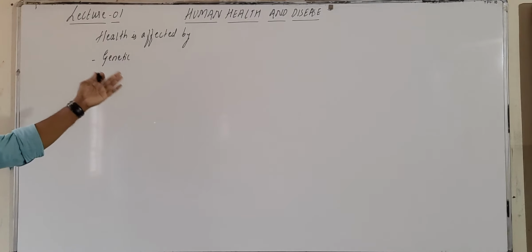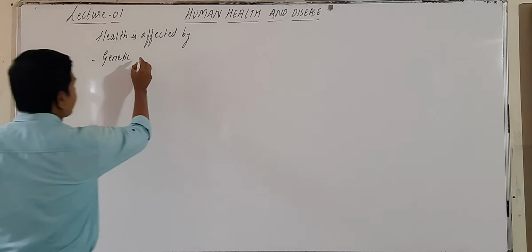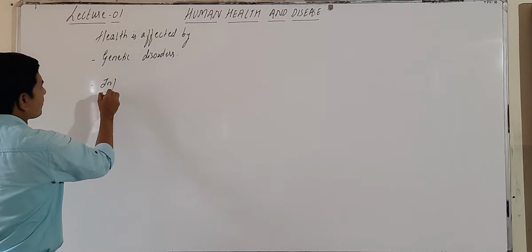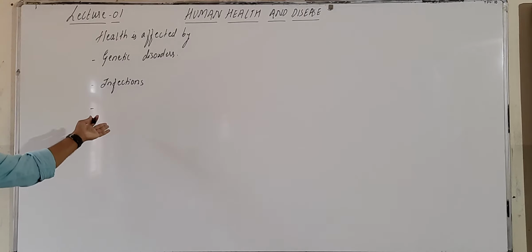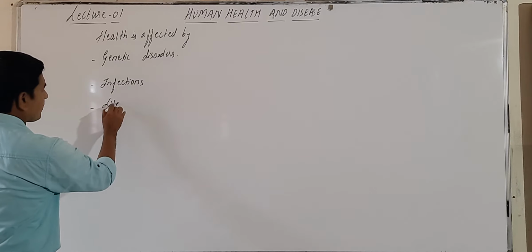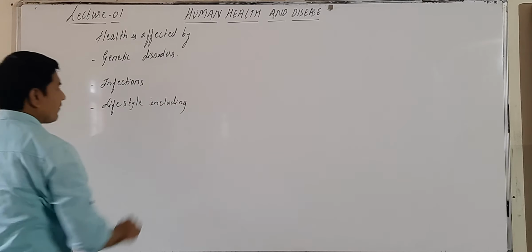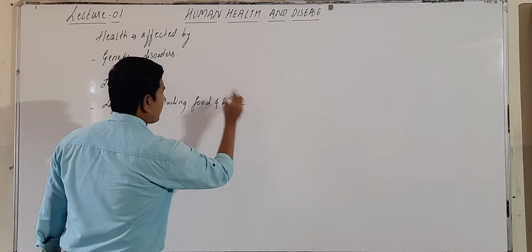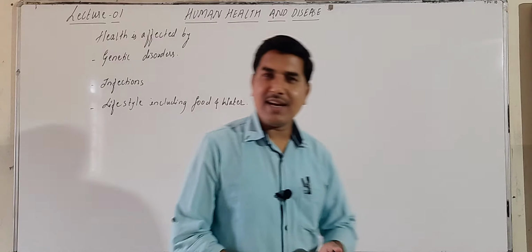So health is mainly affected by genetic disorders, along with infections, various different types of infections, including the lifestyle, food and water. Okay. Now these are the things by which the health is affected.